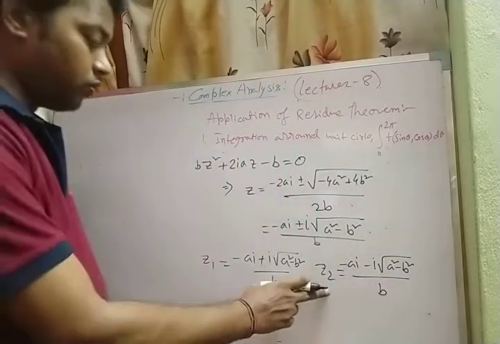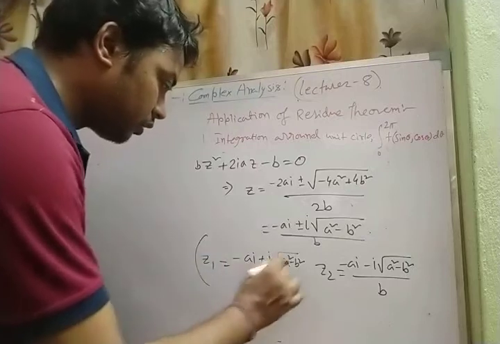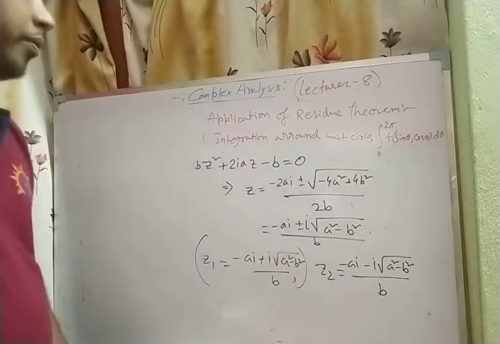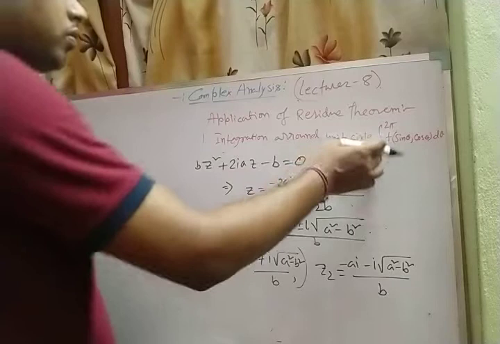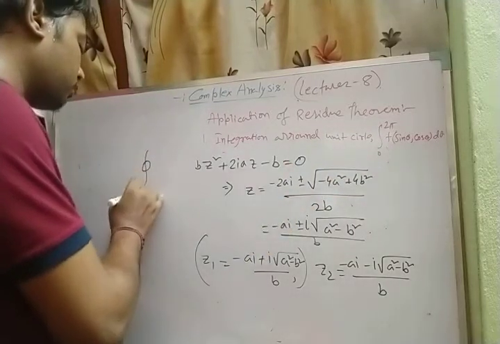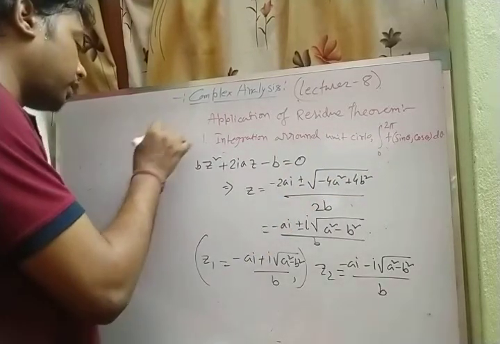Out of these two, only this point remains inside the closed contour C, that is from 0 to 2 pi.